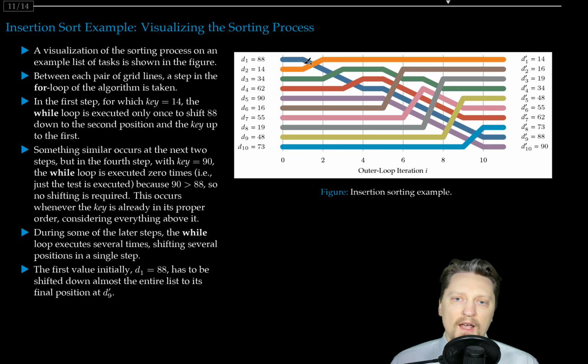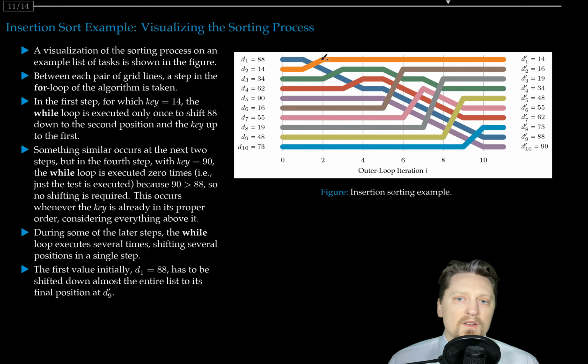Then in the first step, we have a key of index 2, which is 14. We test to see, is 14 less than 88? It in fact is less than 88. So we move the 14 element up. We shift the D1 element, previously D1 element of 88, down.